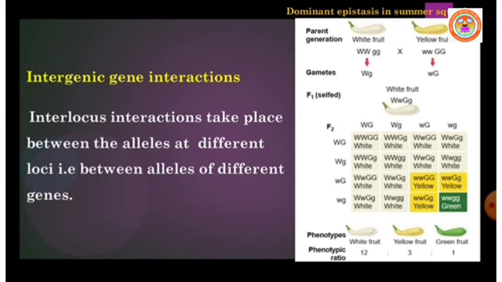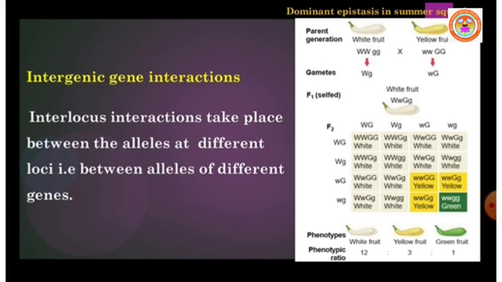Double recessive small w small g will give the green fruit, 1/16. The plant having only capital G, the genotype will be either small w capital G small g, or small w capital G, which gives the yellow color.